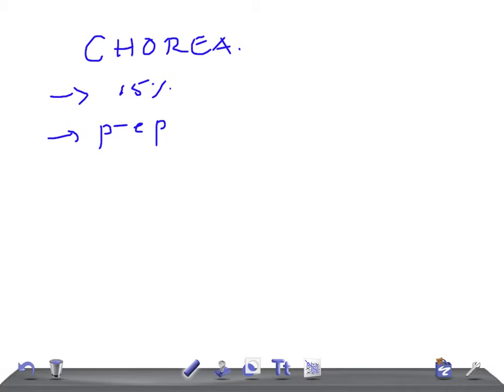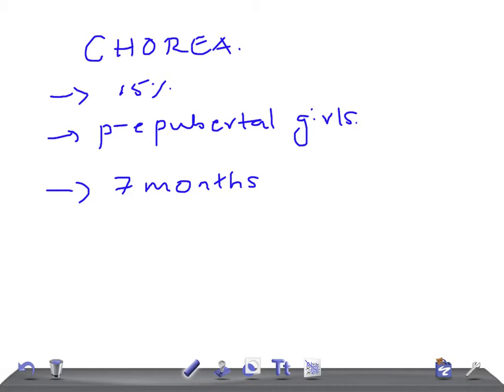Once the movement starts, it can last up to 7 months, and it slowly diminishes, and it can take up to 1.5 years to slow down. The patient will have spontaneous purposeless movements.